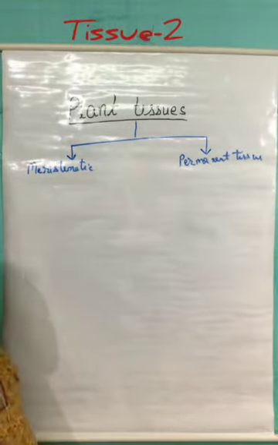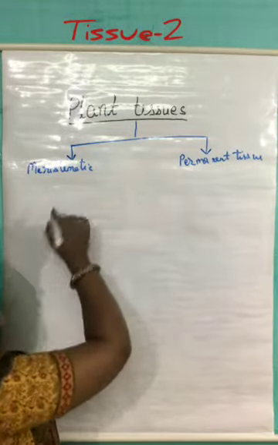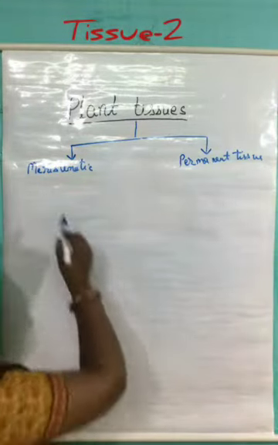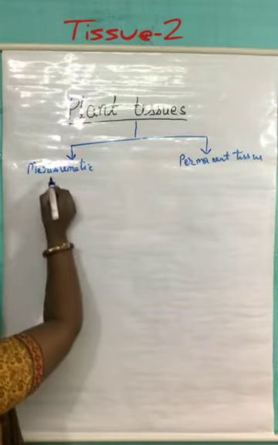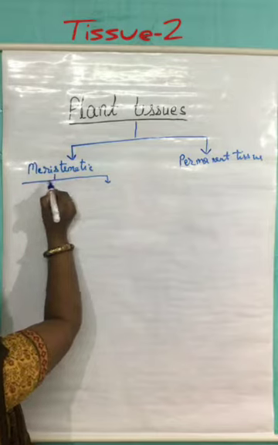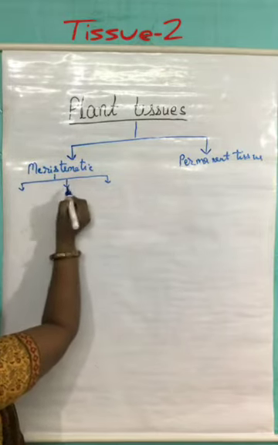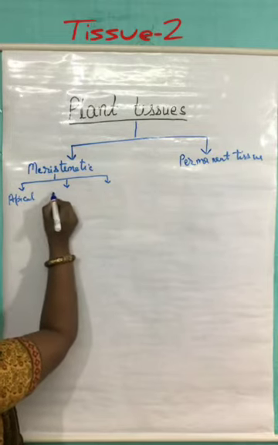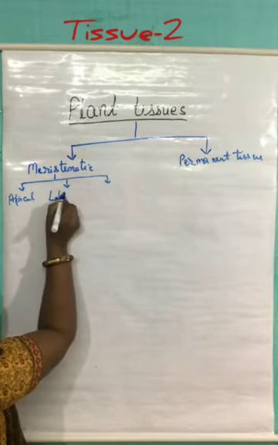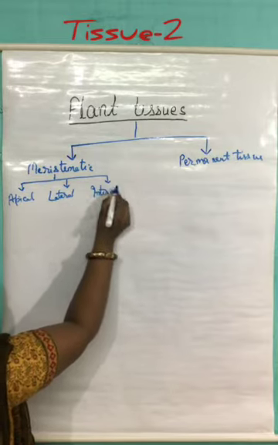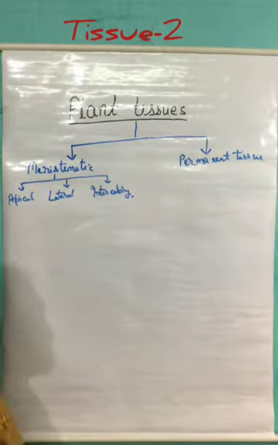In meristematic tissue, the cells have the capacity to divide, hence they are known as meristematic tissues. Further, we classified them on the basis of their location as apical meristem, lateral meristem and intercalary meristem.